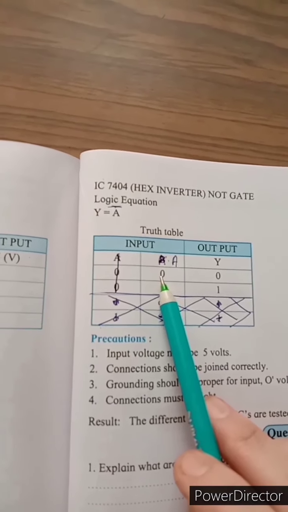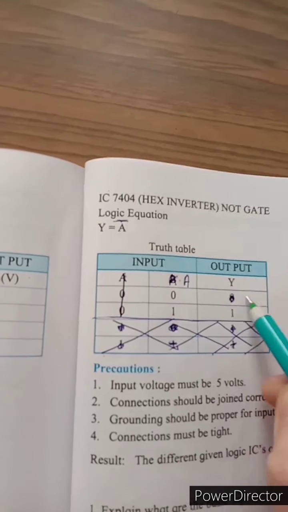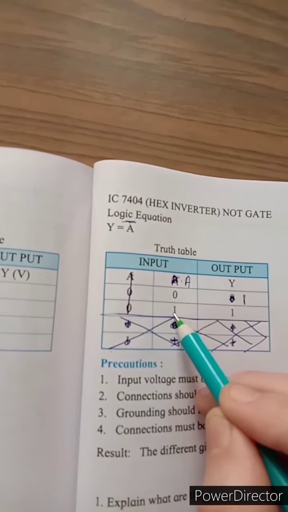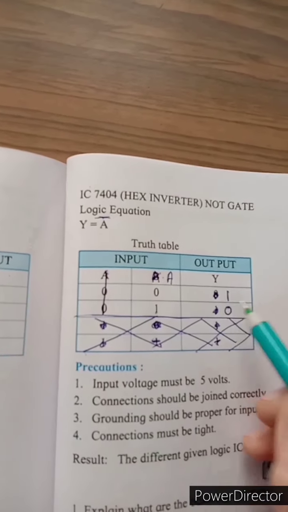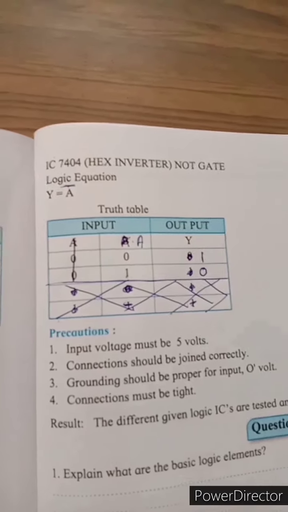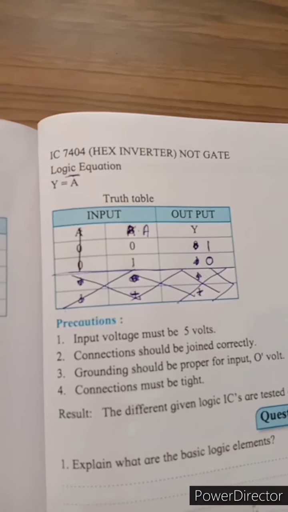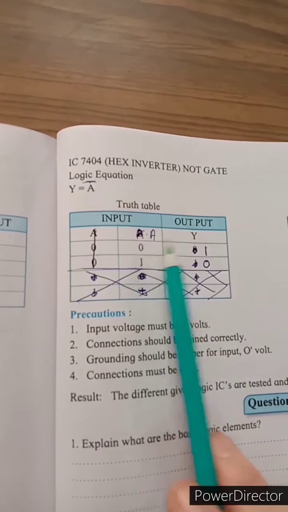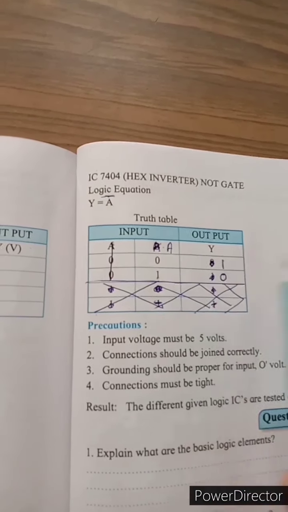If the input is low, then we will get output high, that is 1. And if input is high, we will get output low. Students, please make this correction in your handbook also. So for the truth table of the NOT gate, we have only 1 input and 1 output. If the input is low, output is high, and if the input is high, output is low.